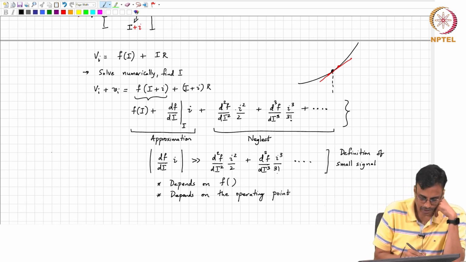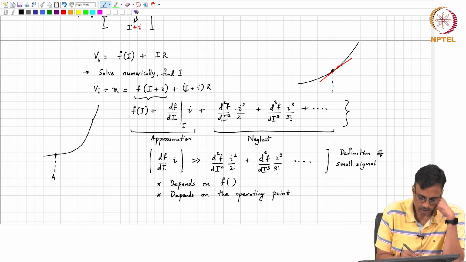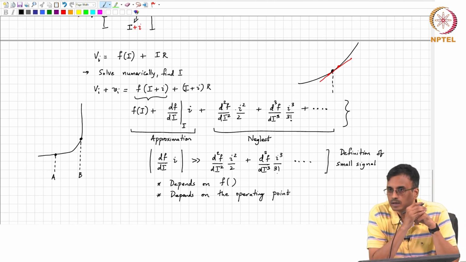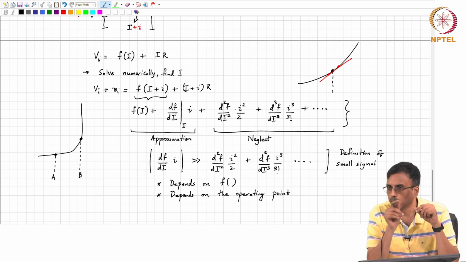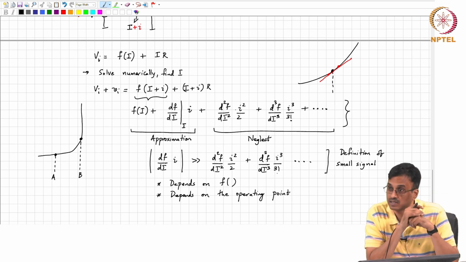For instance, let us say you had a function like this, and this is your operating point A, and this is your operating point B. Let us say I have a fixed increment around both these operating points.